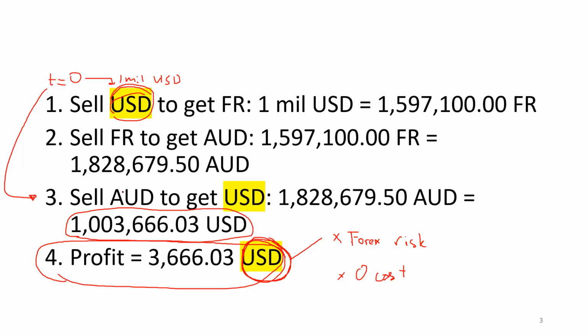At the end of the trading day, we don't owe anyone any money, and we walk away with a profit of 3,600. So this is a zero risk, zero cost strategy. By definition, this is an arbitrage strategy. Arbitrage profits.